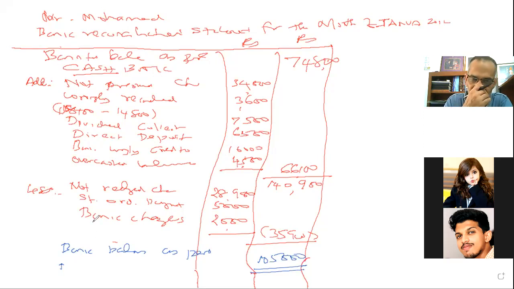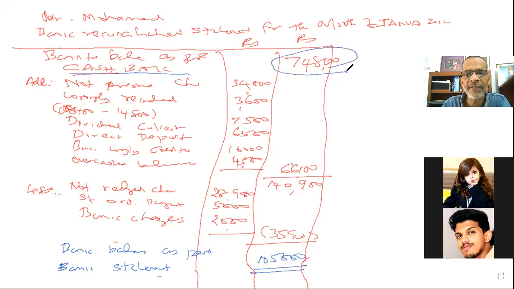Now bank balance as per the what statement? Bank statement. Yes. Look at here, I want to find out the bank balance. Look at the bank statement, this is the bank balance. This is also bank balance. Bank balance as per the cash book, I have started with the cash book. The question saying 74,800. Now I have found 105,000 is the bank balance.